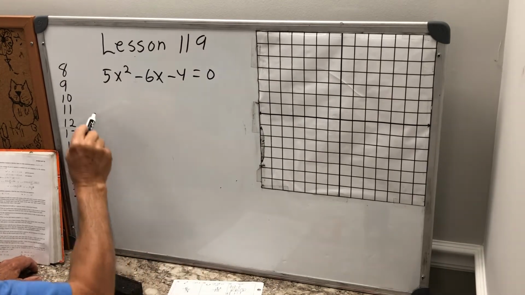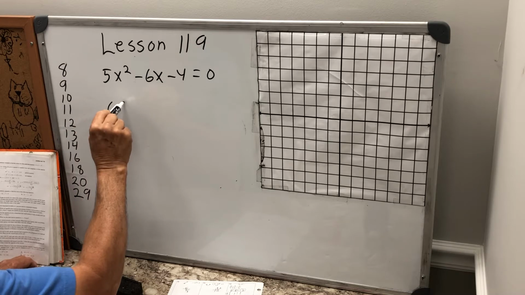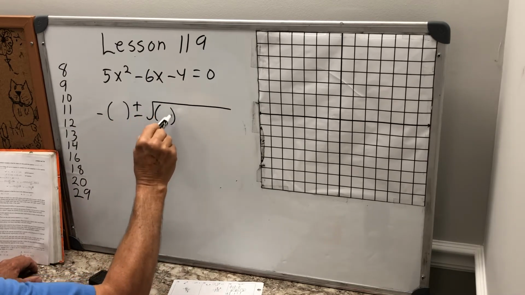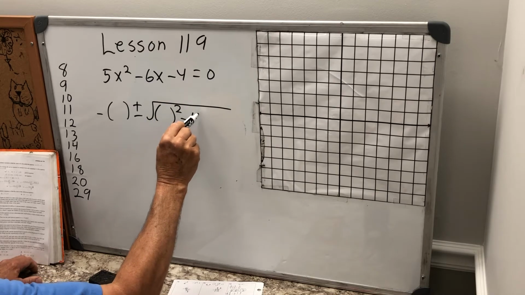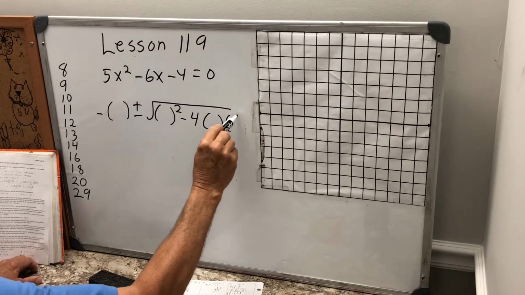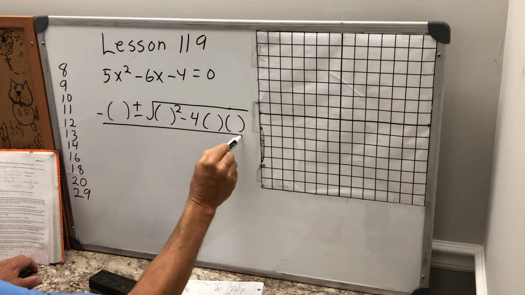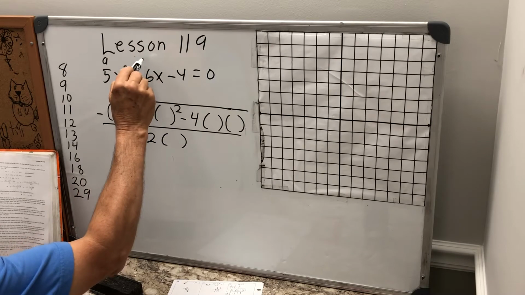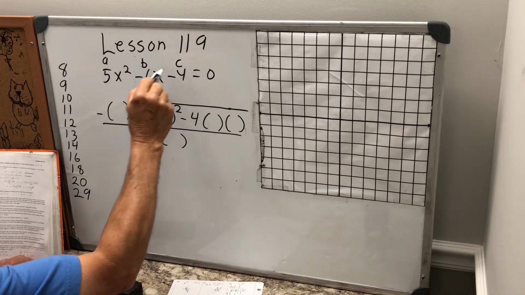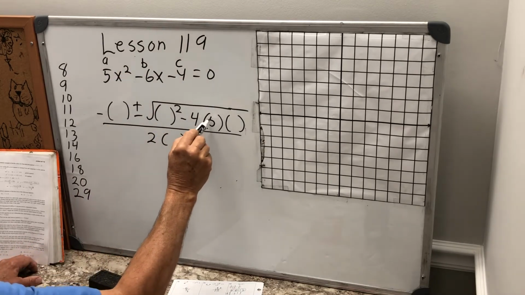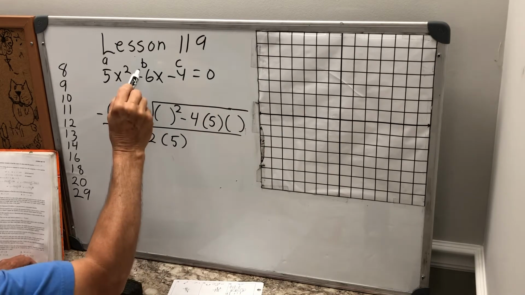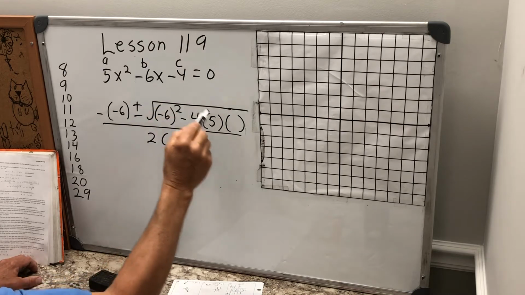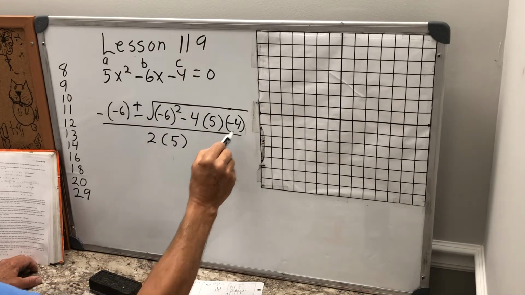Quadratic formula, negative b plus or minus square root of b squared minus 4ac over 2a, and this is A, this is B, and this is C. A is 5, that's here and here. B is negative 6 and negative 6, and C is negative 4.